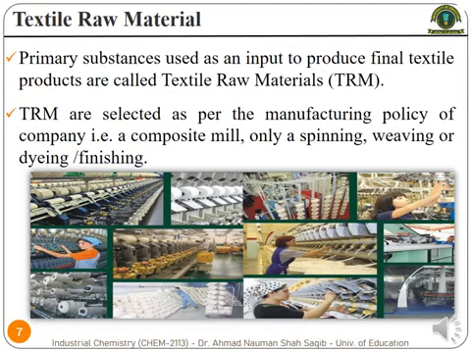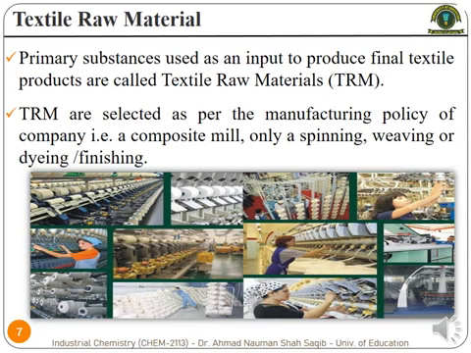We can define textile raw material as the primary substances which are used as an input to produce final textile products. That is, all the primary materials that we use to make the final product are called textile raw material.